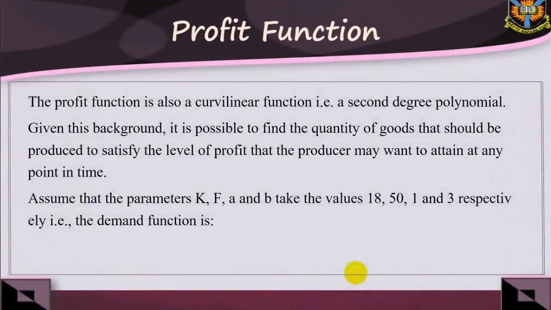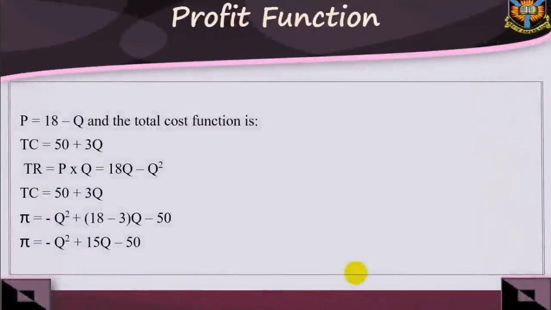Given this background, it is possible to find the quantity of goods that should be produced to satisfy the level of profit that the producer wants to attain at any point in time. Assume that the parameters K, F, A, and B take the values 18, 50, 1, and 3 respectively. That is, the demand function is P equals 18 minus Q, and the total cost function is TC equals 50 plus 3Q.